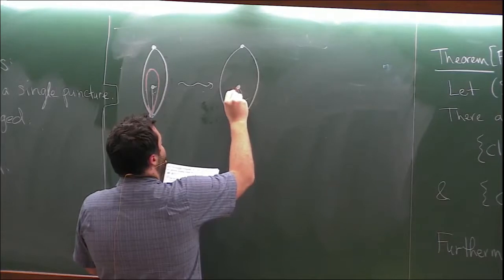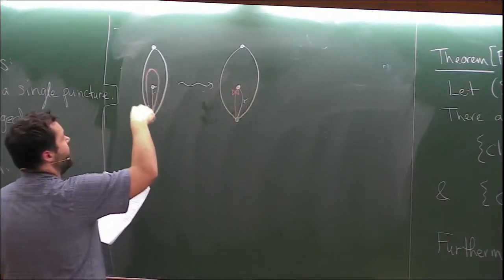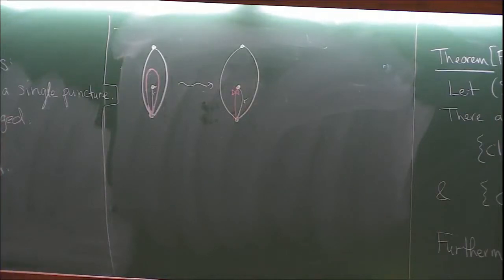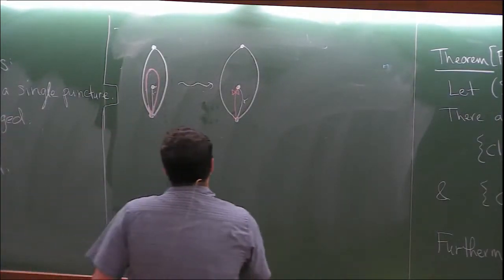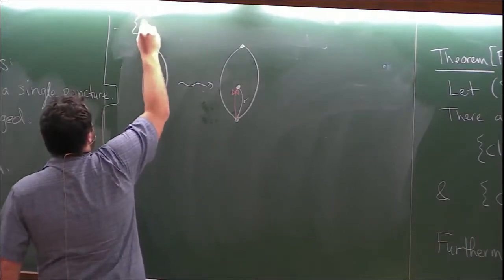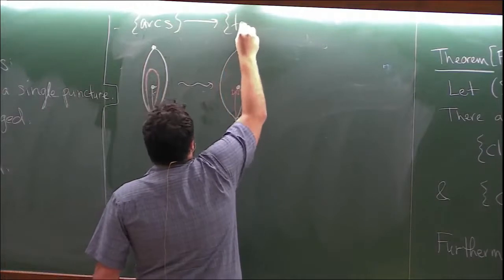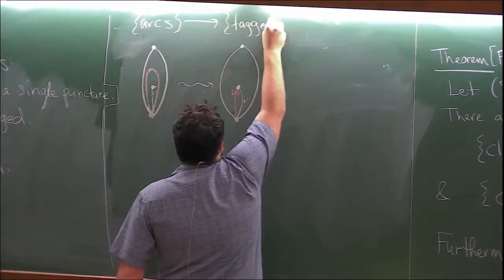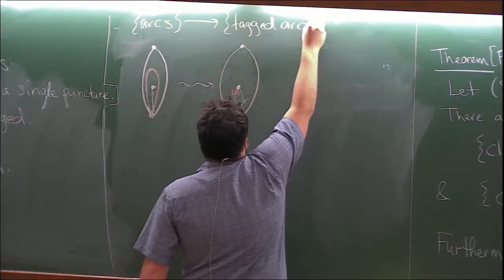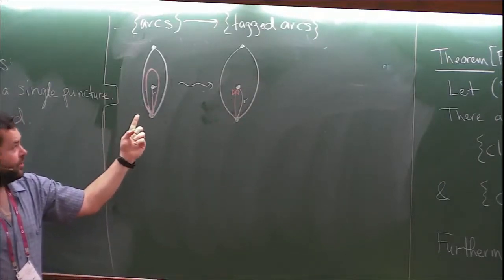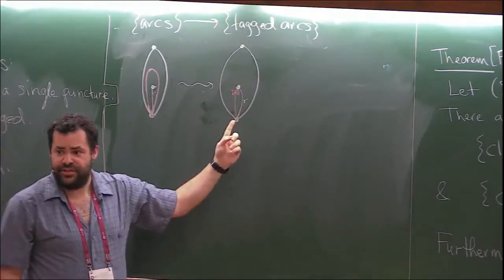When I have such a picture like this, I'm going to replace it with something like this. Okay? So I'm writing down a map from arcs to tagged arcs, where if I'm the loop of a self-folded triangle, I replace it with this.